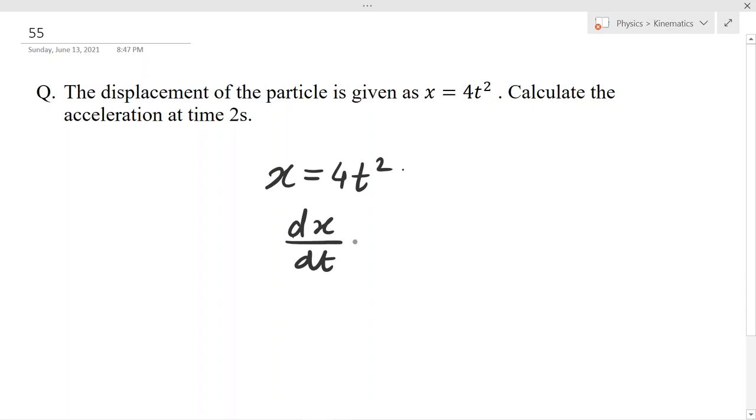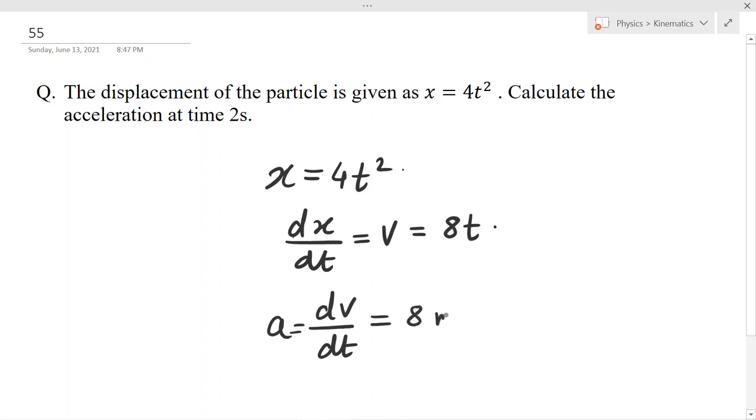So dx by dt, which is equal to velocity, is 8t. Now if I again take a derivative of this, I will get acceleration. So what is the acceleration? It is 8. So 8 meter per second square is the acceleration, and it is constant, and hence even at t equal to 2 seconds the acceleration will be 8 meter per second square.